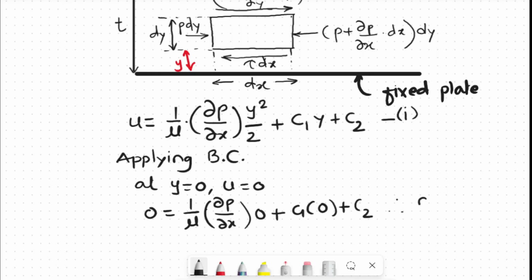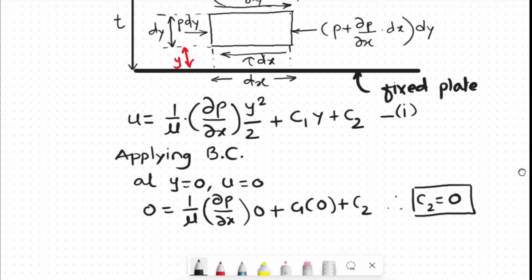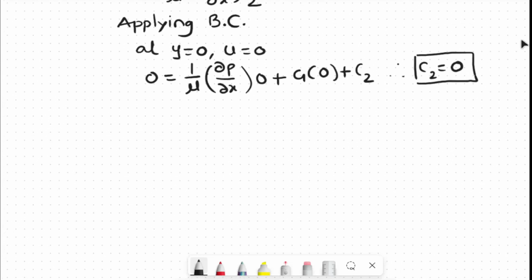Hence, it means that C2 is equal to 0. So we found the value for one constant. Let us go for the next boundary condition.